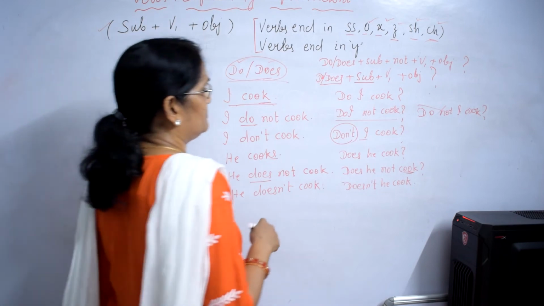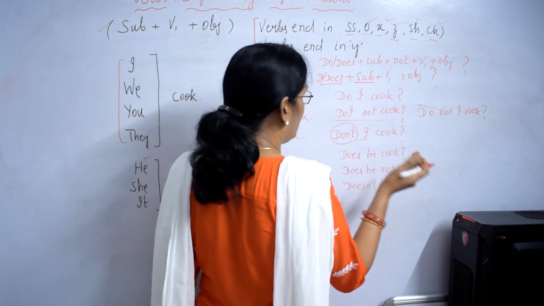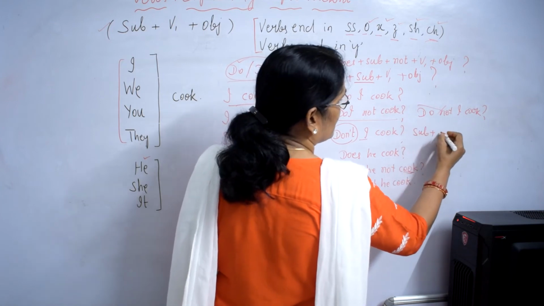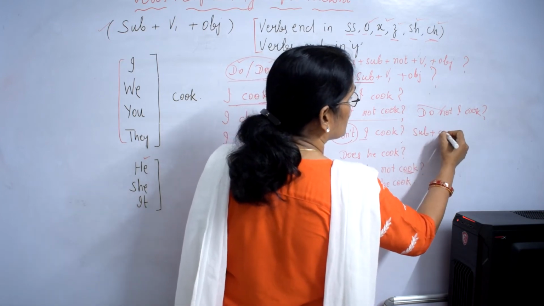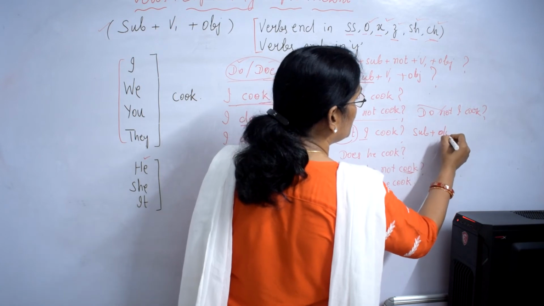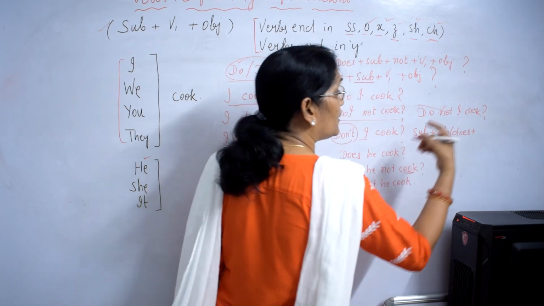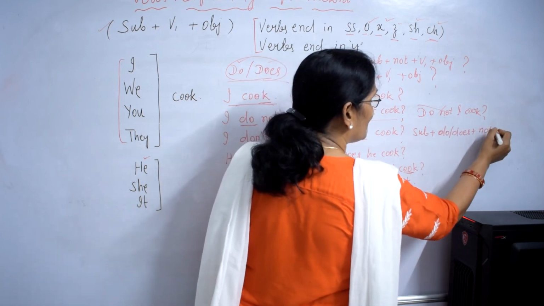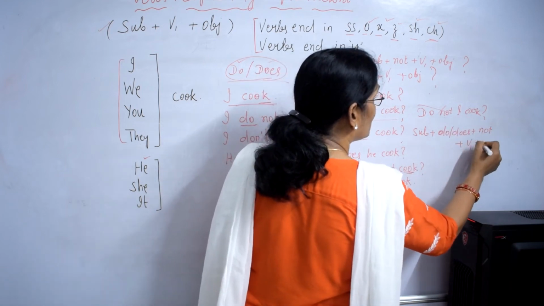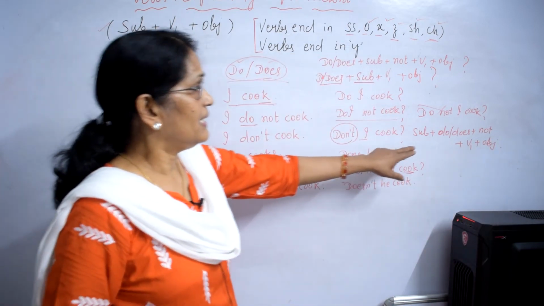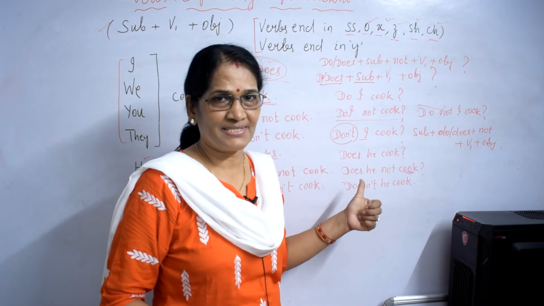Negative structure, simple present negative structure. What is it? Subject plus do or does plus not plus verb 1 plus object.